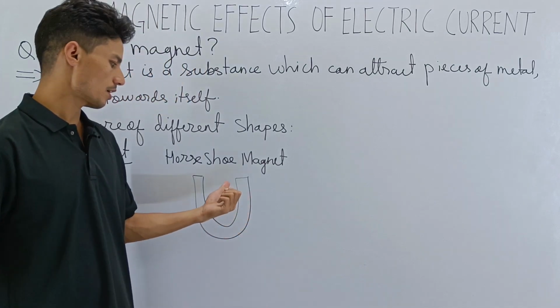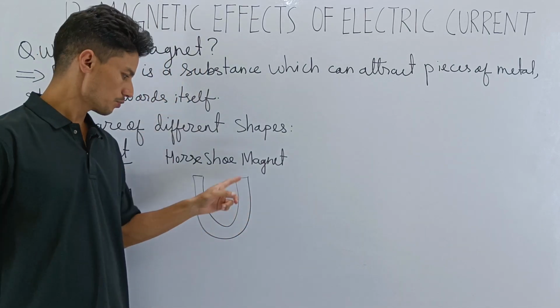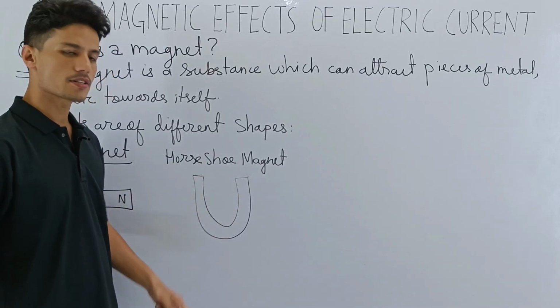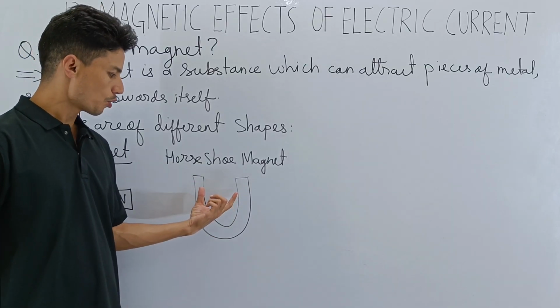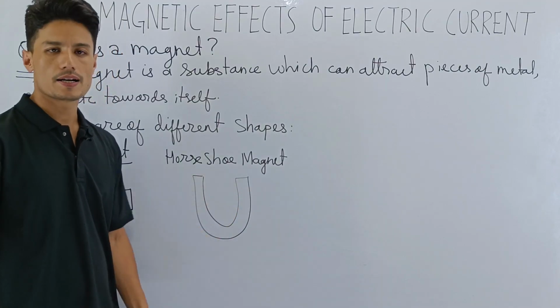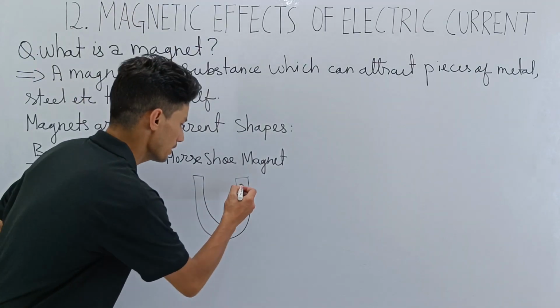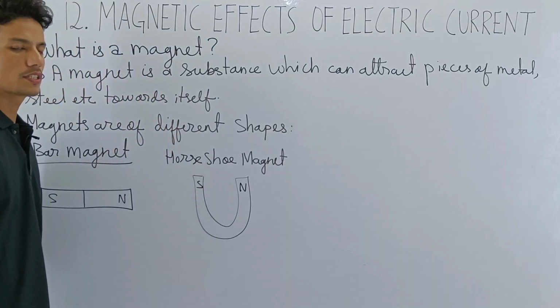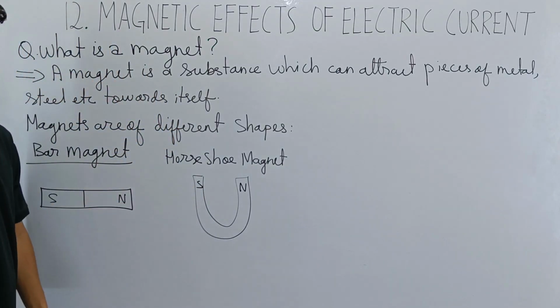Horses are made to wear metallic shoes which resemble this shape, because the hoof of the horse is in this shape, isn't it? So the name horseshoe is given because it resembles the shoe worn by horses. Same thing, one side is north and this side is south. This is the shape of a horseshoe magnet.